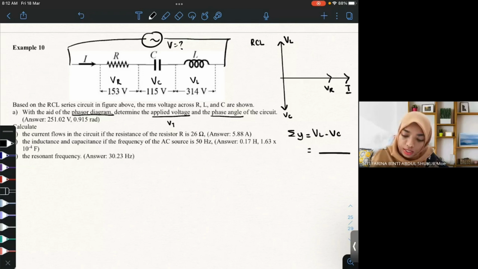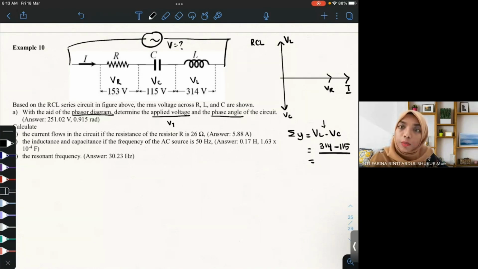Your VL is 314, your VC is 115. Summation sepatutnya tambahlah. Tapi saya terus tulis tolak dekat sini because dia kena tambah negatif VC sebab VC ke bawah. Okay, koordinat X dengan Y ni dia ada direction atas, bawah, kiri, kanan.